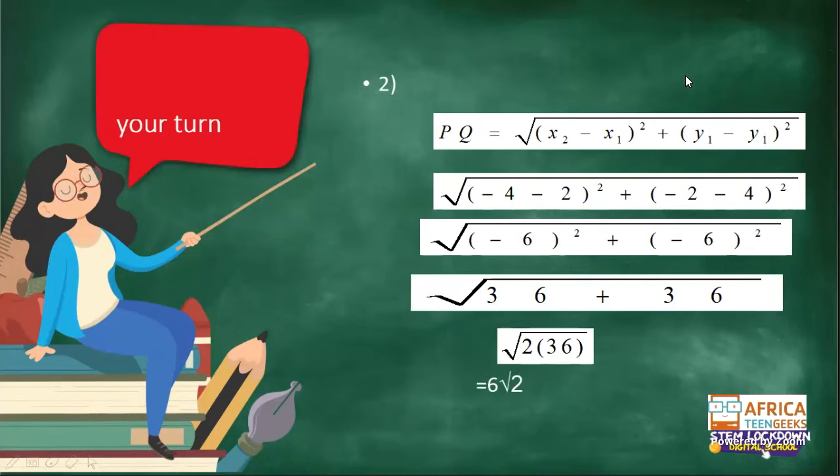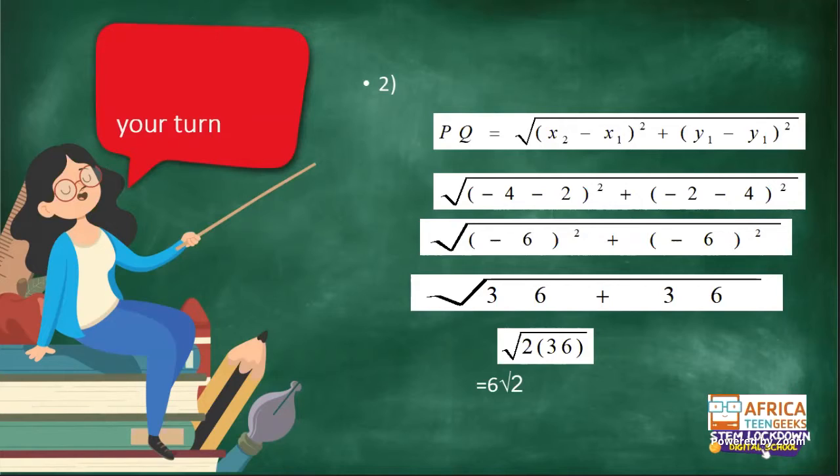All right, so here was for you to just calculate the length PQ. You already know the coordinates of the 2 points. Always write the formula: square root of x2 minus x1 all squared plus y2 minus y1 all squared. It's supposed to be y2, it was just a typing mistake.